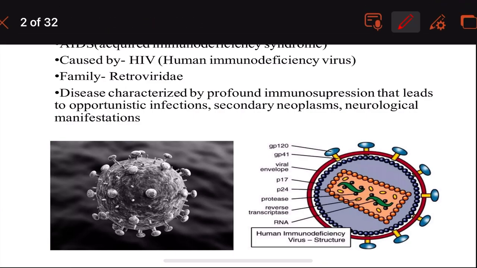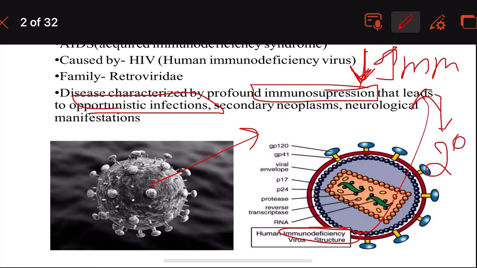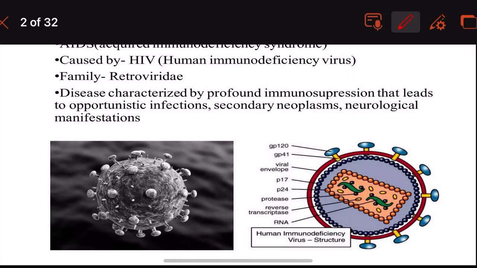Once a person contracts the disease, the immunity of the person gets suppressed because it is an immunodeficiency virus. Once the immunity is lowered, it leads to opportunistic infections, secondary infections, neoplasms, and neurological manifestations.